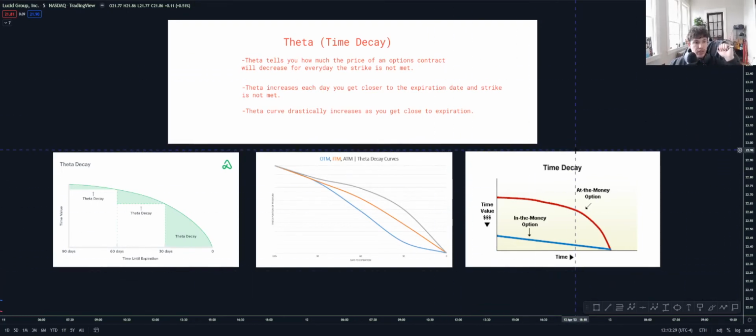And here's another one that shows in the money versus at the money, that those at the money contracts have a very rapid decay, and the most noticeable decay as they approach that expiration date.